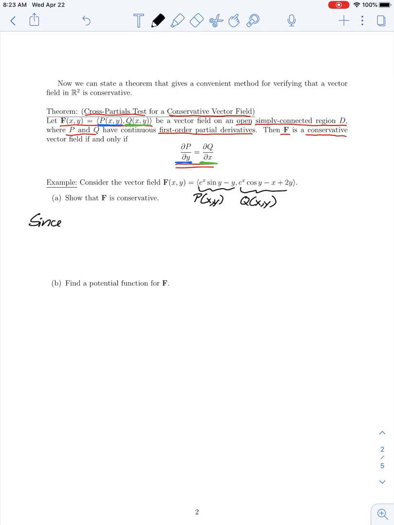Here we would say, since the partial derivative of p with respect to y, if we differentiate p with respect to y, we have e to the x cosine y minus 1. And if we differentiate q with respect to x, we have e to the x cosine y minus 1, which is indeed equal to this partial derivative.